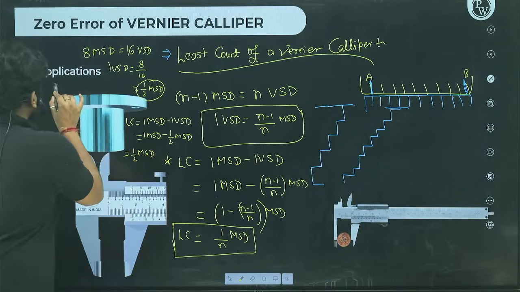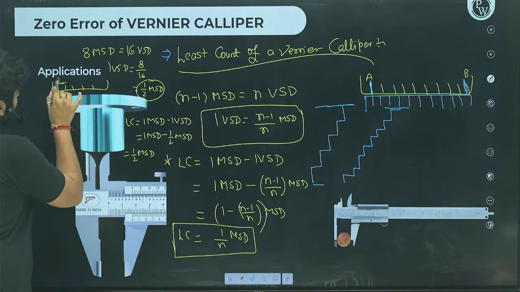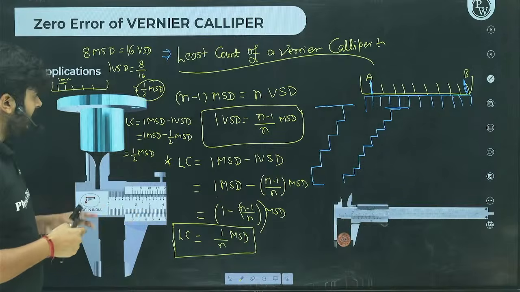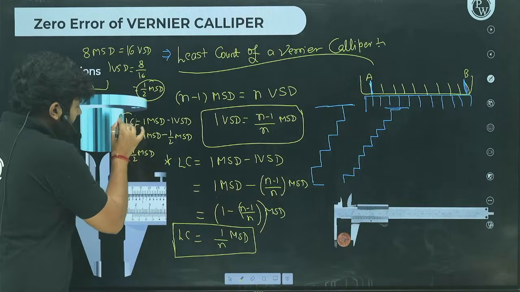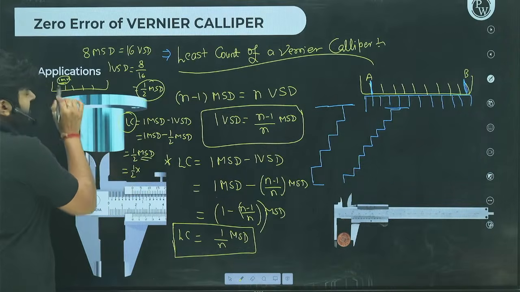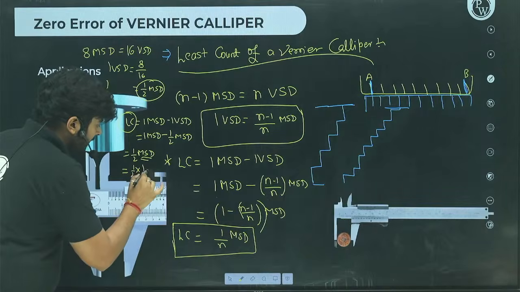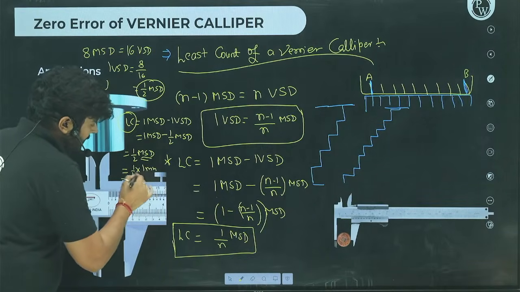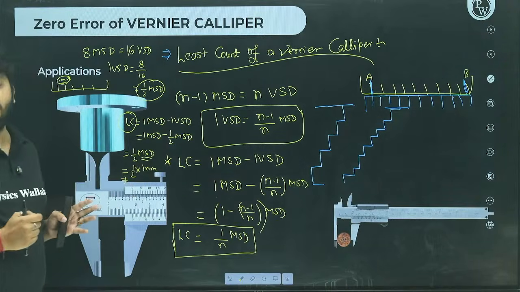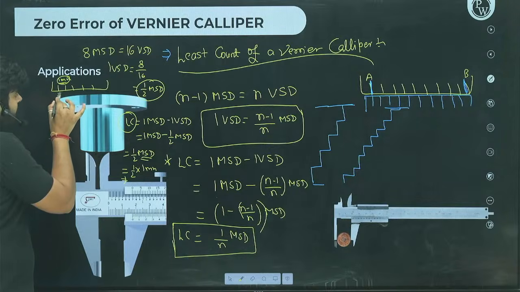On the main scale, each division is 1 mm, but when you combine it with the Vernier scale, the caliper has a least count of half of the main scale division. The smallest part of the main scale was 1 mm long, and this particular caliper can measure half of that 1 mm.